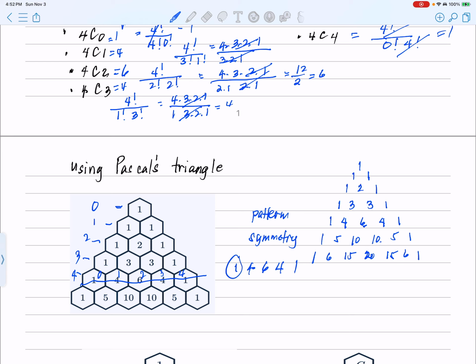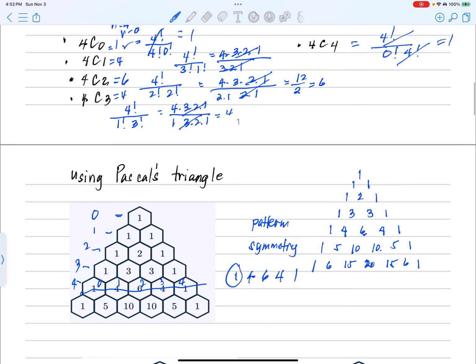So do we get 1 there? Yes. 4 choose 1 is 4. 4 choose 2, that's the second term, is 6. 4 choose 3 is 4. 4 choose 4 is 1.